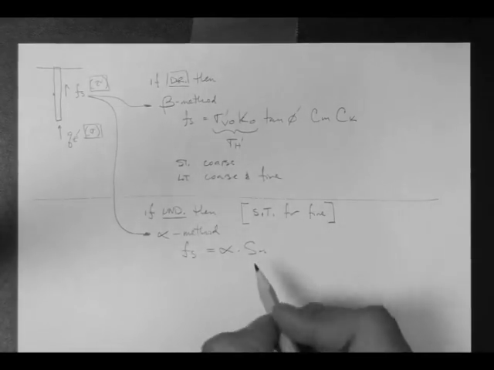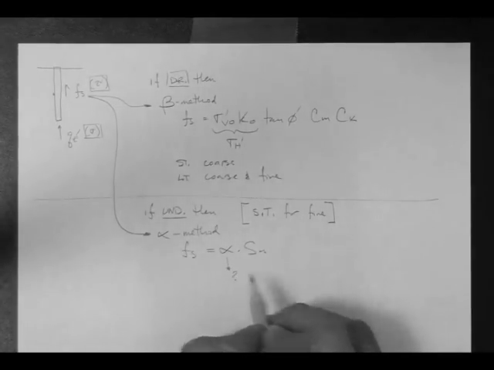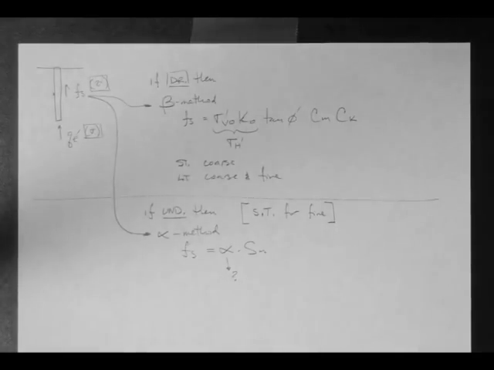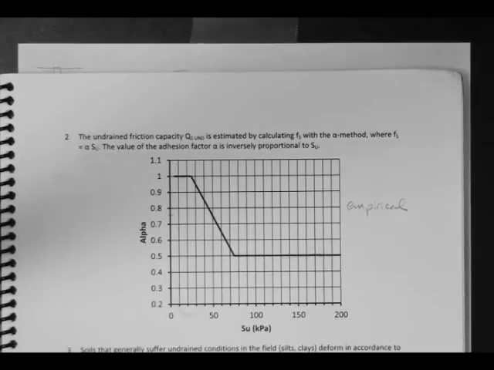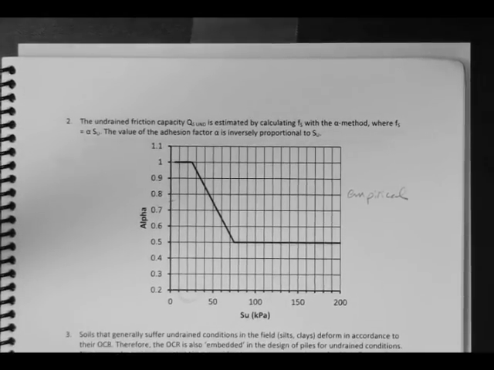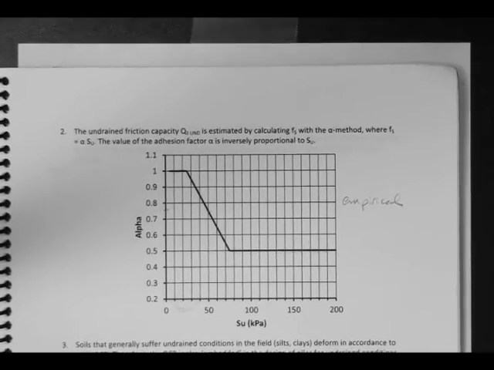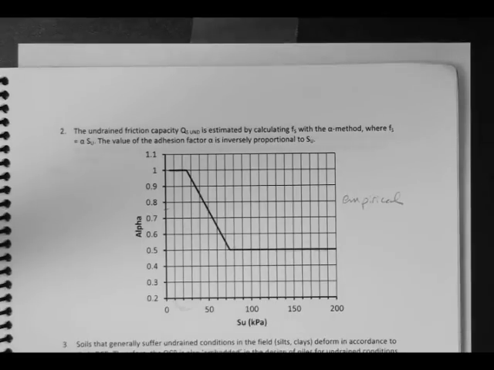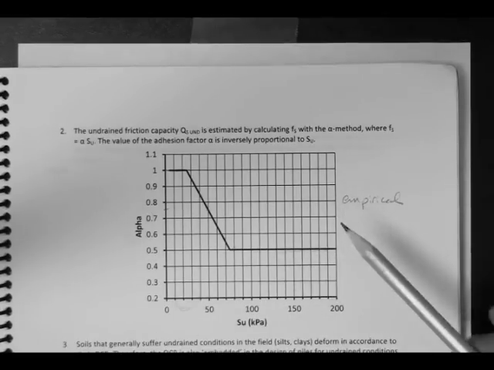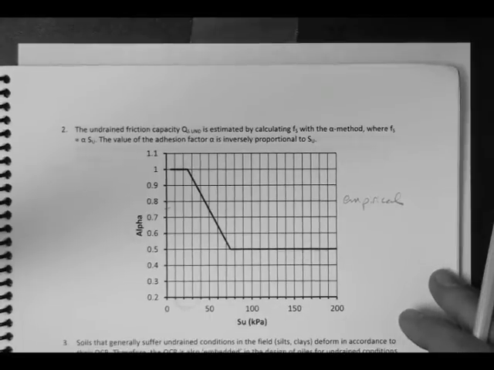What about alpha? Well, alpha is what we have to determine using the reader. So if you go to the reader, I don't have any page numbers in my reader, sorry, but this is inside the deep foundations section, obviously.